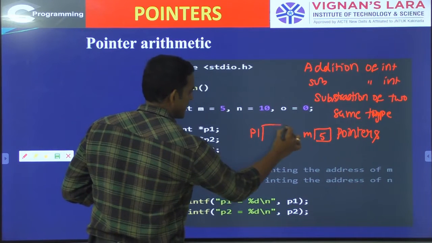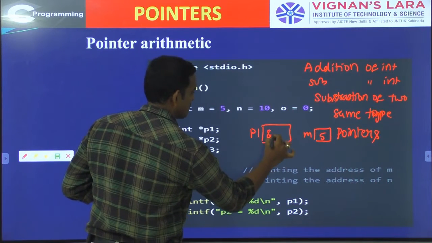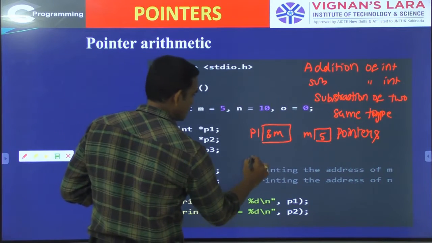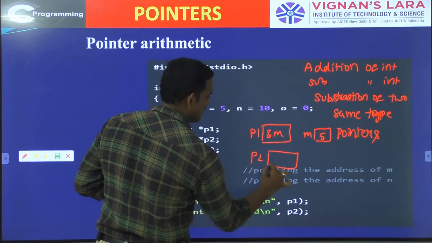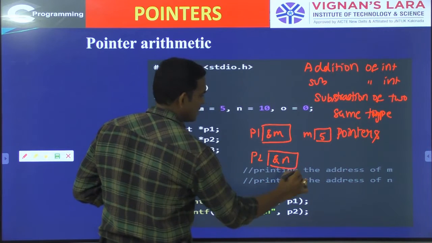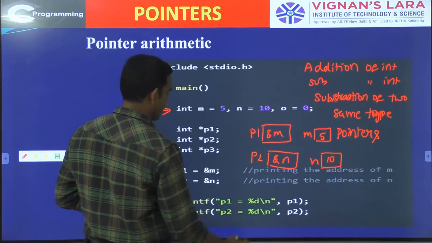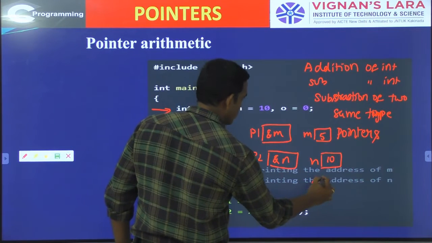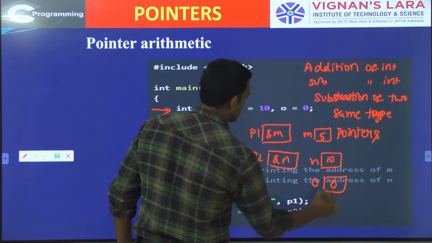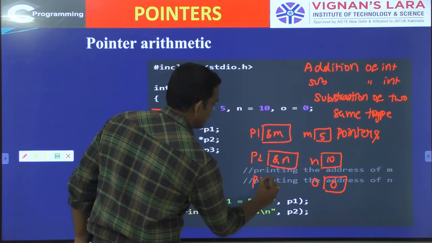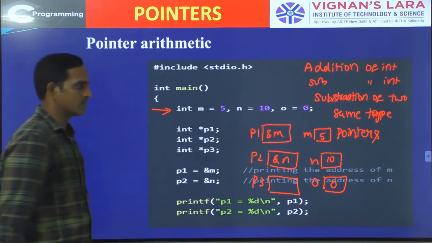P1 contains the address of M. Then there is P2, and P2 contains the address of N. N has the value 10, and there is another variable O with value 0. And there is another pointer P3, which you haven't initialized.